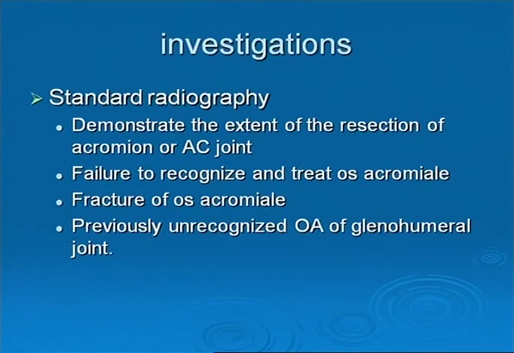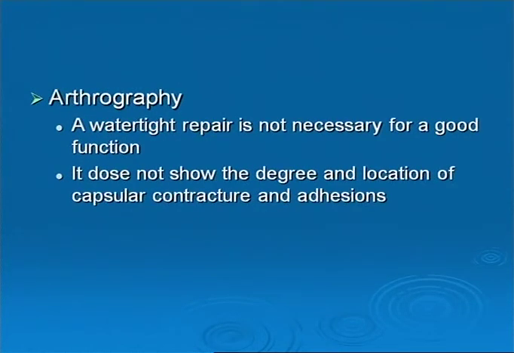Investigations: do a plain X-ray radiography, which might demonstrate the extent of resection of the acromion or AC joint. You might detect an untreated os acromiale or a fracture of the os acromiale, and even unrecognized osteoarthritis in the joint. Arthrography might be done.